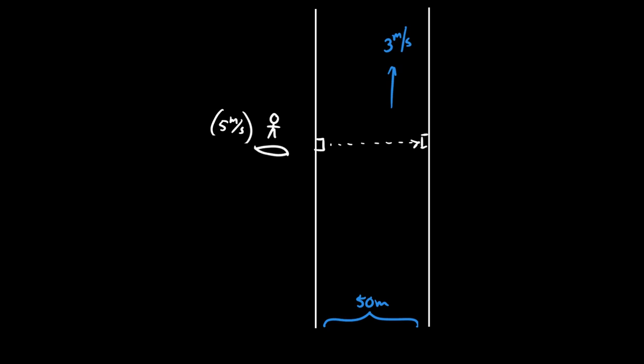I'll say all of it over again, because if you're writing the problem down, that's probably not a bad idea, so you have what the text would look like, because I would never provide this picture. There's a river that has a current of 3 meters per second. The distance between the banks is 50 meters.